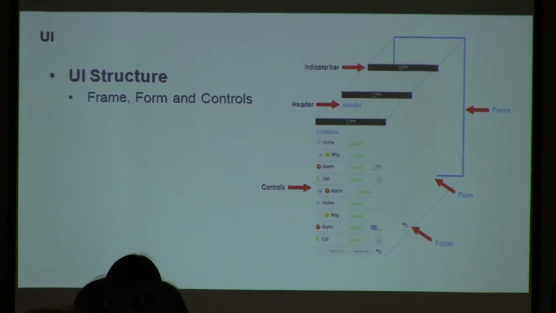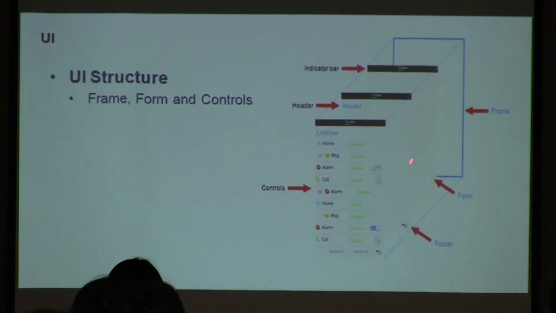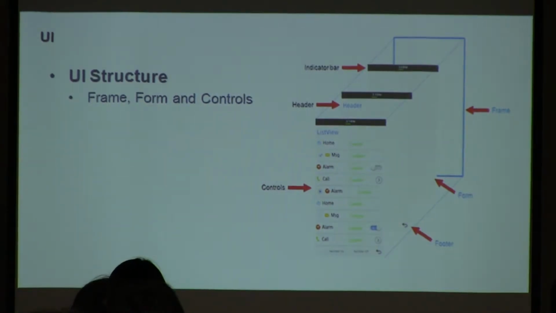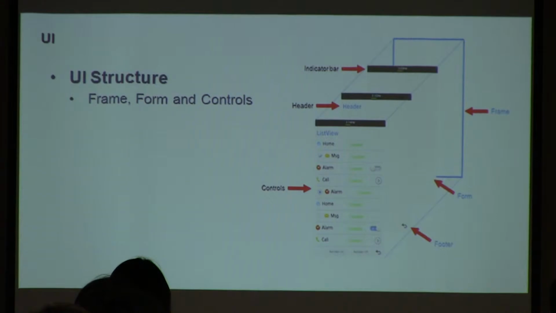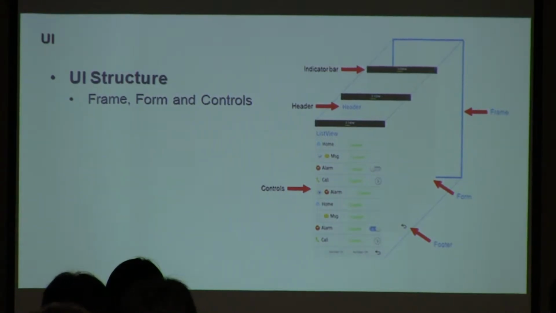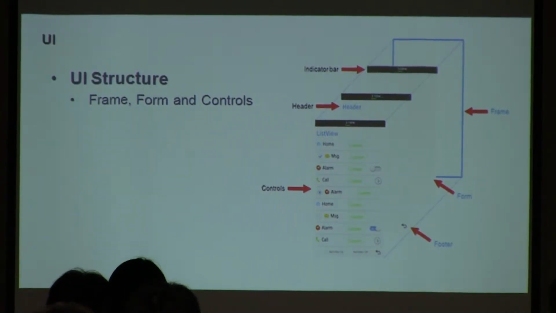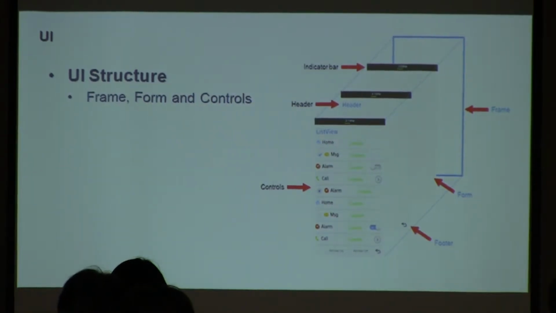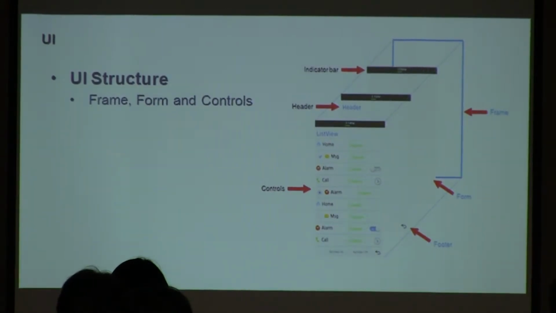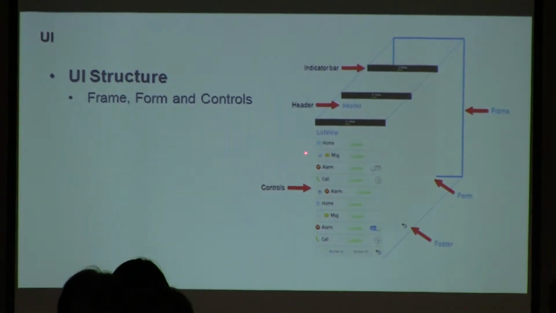Every native application should have one frame, and a form. A form is kind of a page. So if you want to do a multiple-page application, you can implement multiple forms and make a multiple-page application.